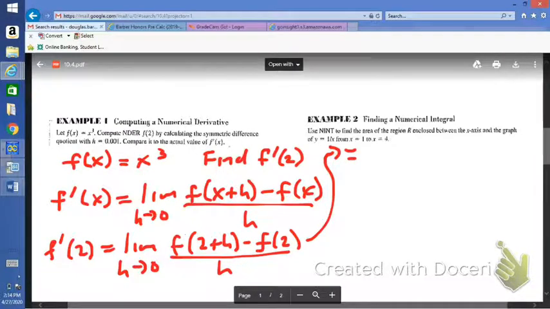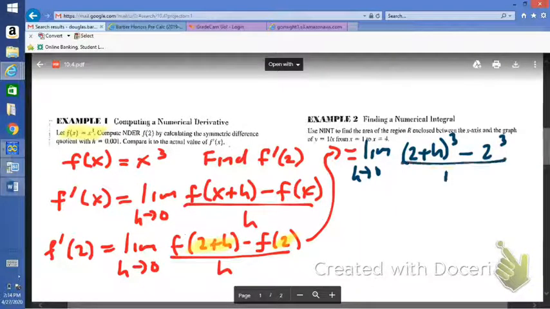Okay, change color so it's a little bit easier to see. So we have the limit as h approaches 0. Now what we're going to do is everywhere we see x in our function, we're going to plug in 2 plus h. So we're going to have parentheses 2 plus h cubed minus, everywhere we see x, we're going to plug in 2 now, 2 cubed, all over h.